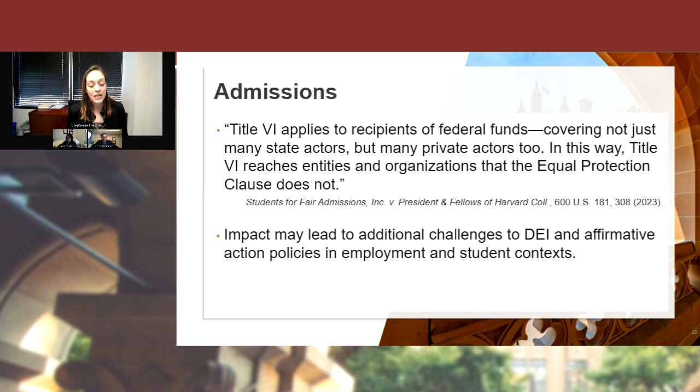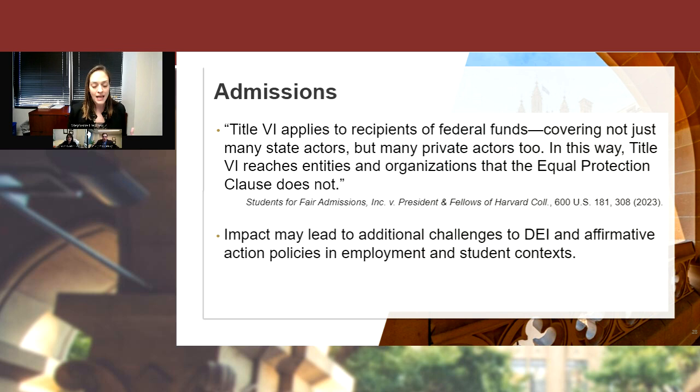But I want to talk about what the Title VI component of this case is. In a concurring opinion, there is a lot of discussion about how programs that use race as a factor in admissions violate Title VI. One quote from that concurrence is that Title VI applies to recipients of federal funds, covering not just many state actors, but many private actors too. In this way, Title VI reaches entities and organizations that the Equal Protection Clause does not.